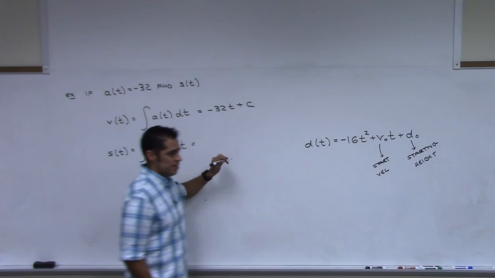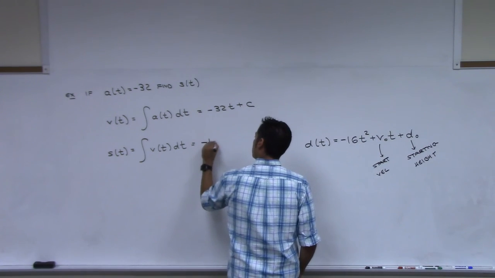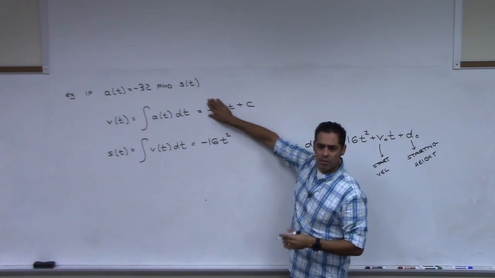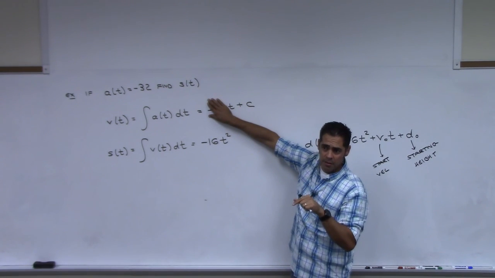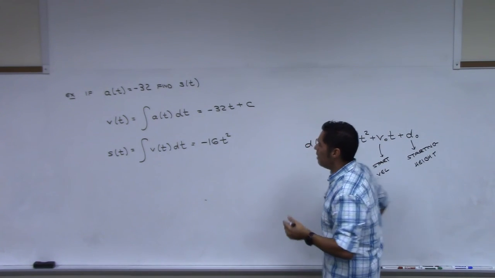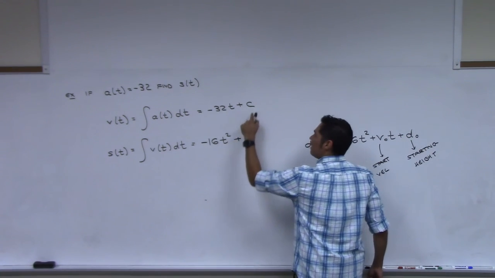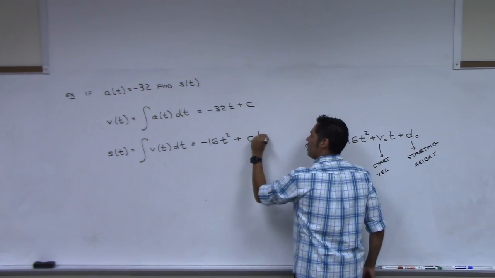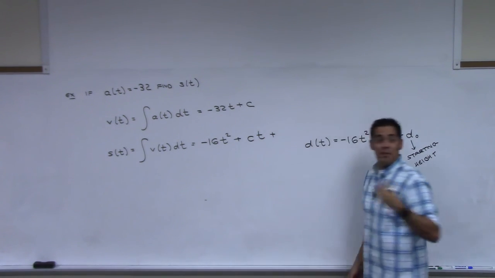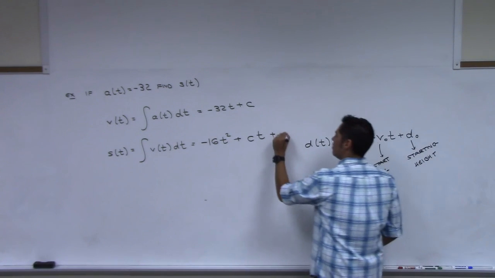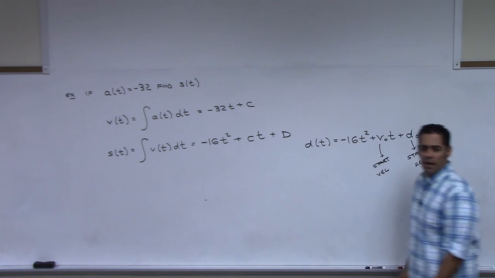Negative 16t squared, because the antiderivative of t is 1/2 t squared, and then I hit the half on the negative 32 and got that. Plus, what's the antiderivative of some constant? Constant t. Plus some constant. I'm not going to use c again. I'm going to use a different constant, d. Got it?